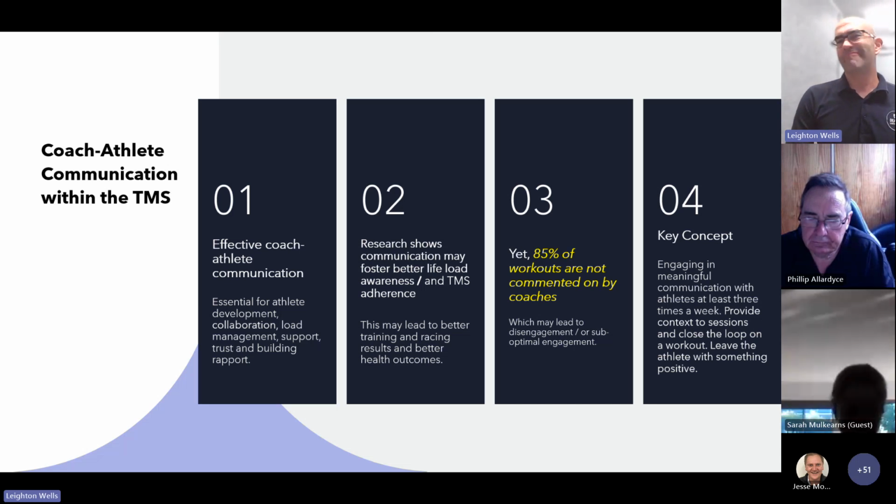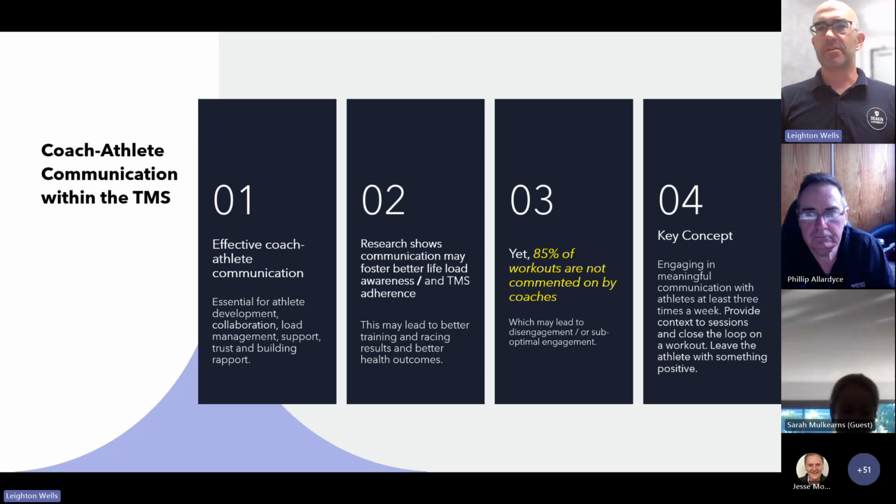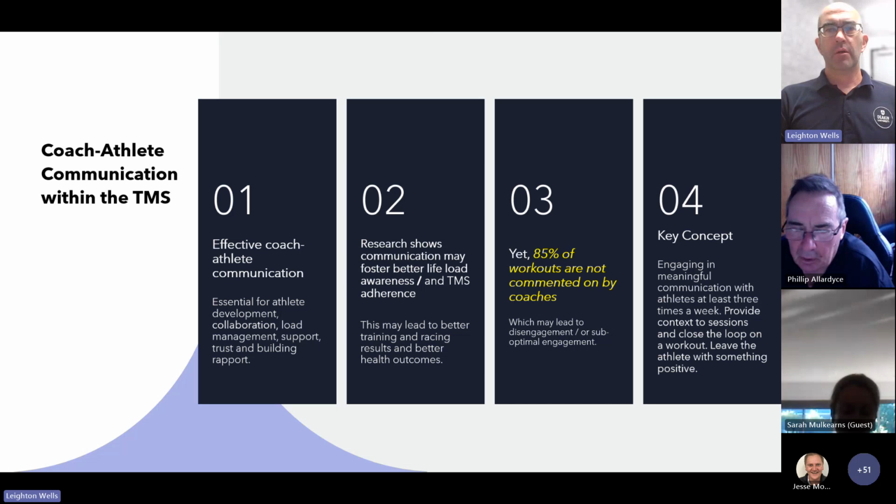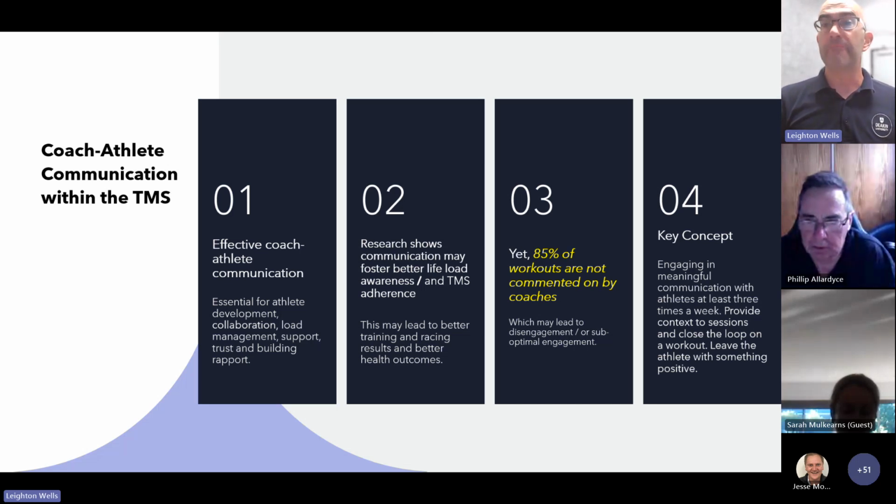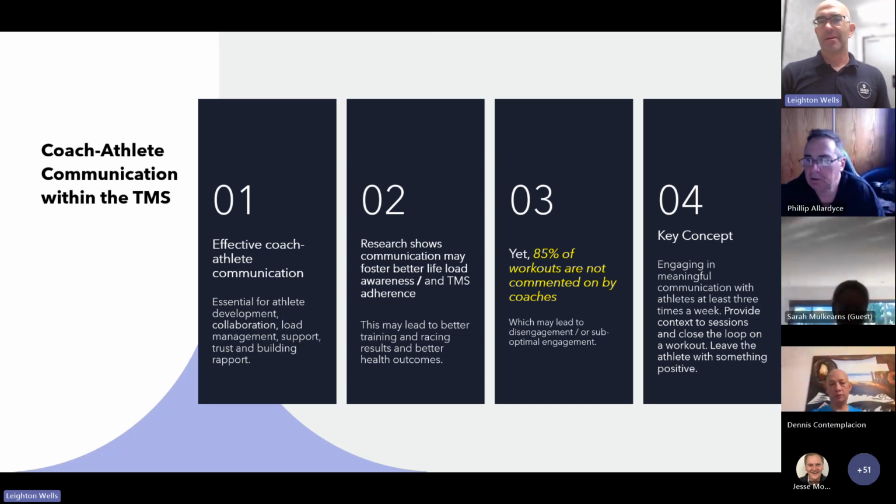What we've seen, I don't know if it's surprising or not, it's maybe a little bit concerning, is that often with training management systems, in the coaches and the training data we've looked at, communication can be quite infrequent. And so that process of building trust and commenting on sessions doesn't seem to be happening.